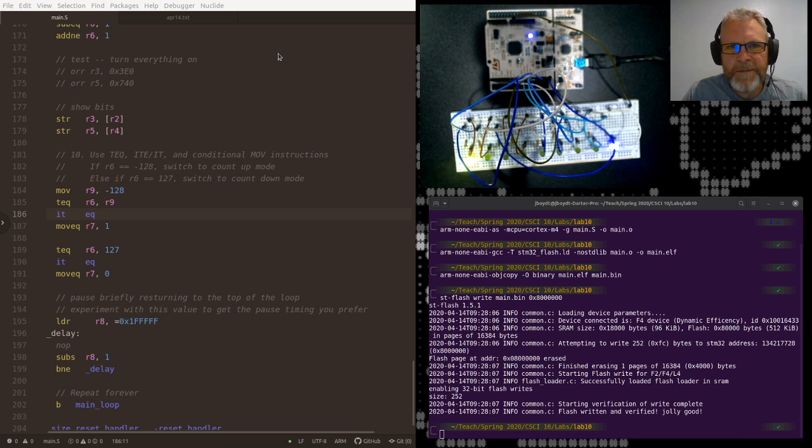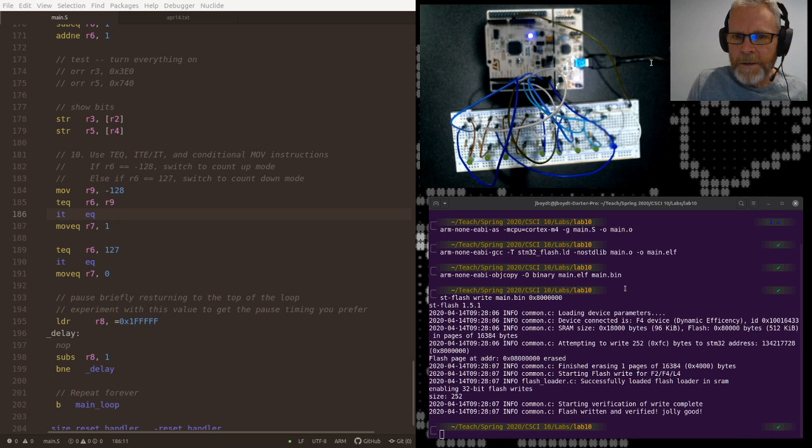Homework 10 is mostly just an orientation thing to ARM. We're using an ARM processor, and why shouldn't you know a little bit about ARM processors since we are programming them. So homework 10.